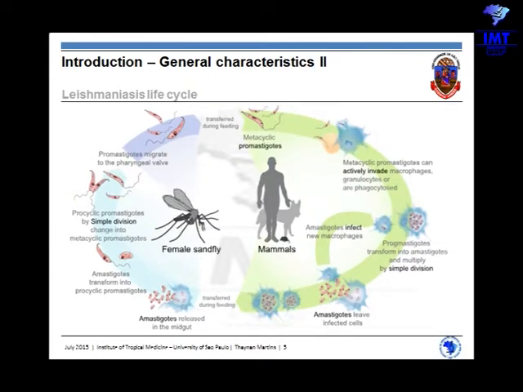So the transmission starts with the bite of the sandfly infected with promastigotes, and the promastigotes enter the bloodstream. The human immune response sends immune cells such as macrophages, and the macrophage captures the promastigote. The promastigote fights back by hijacking the macrophage and changing into an oval form, the amastigote.